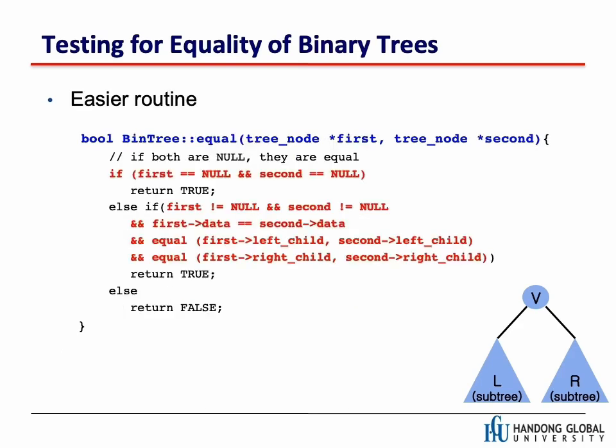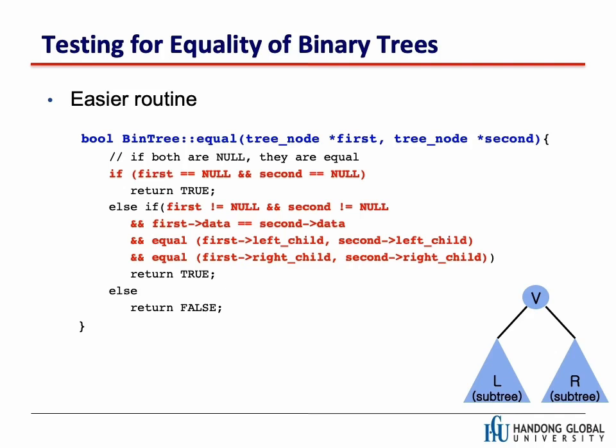This slide is a little easier implementation of the equal function. This equal function corresponds to the first equal implementation in the previous slide. We get two tree node pointers. First we check if both are null, then we return true.